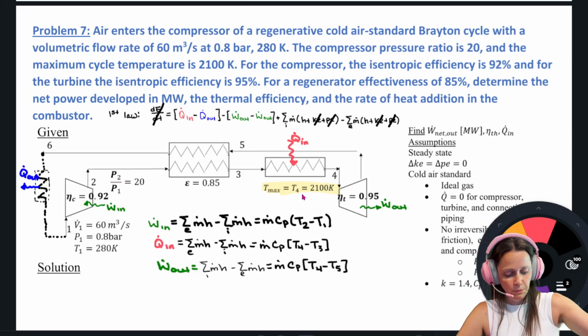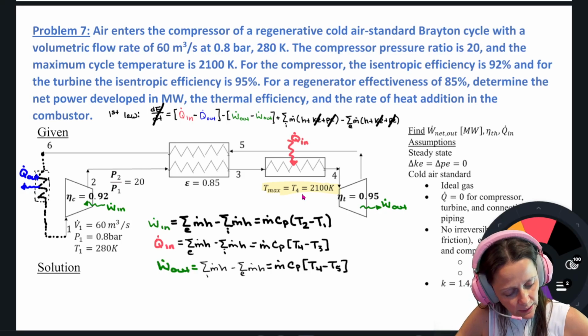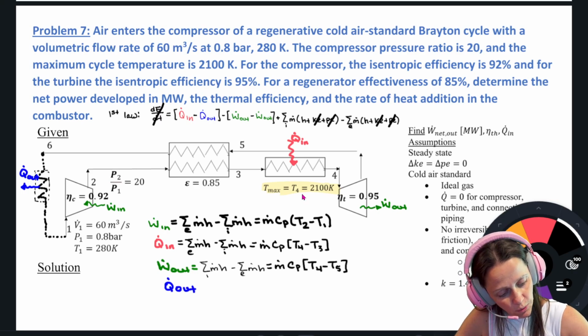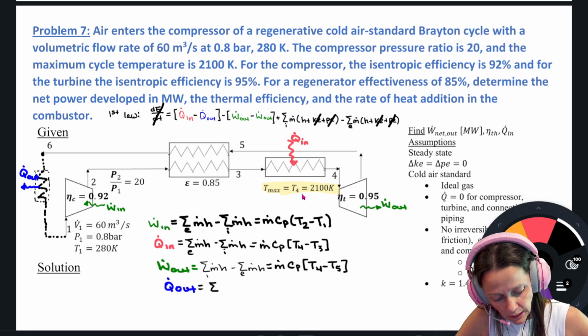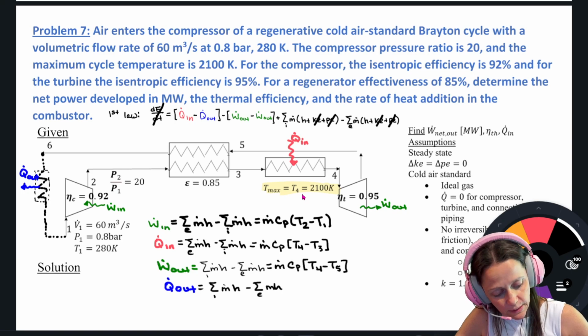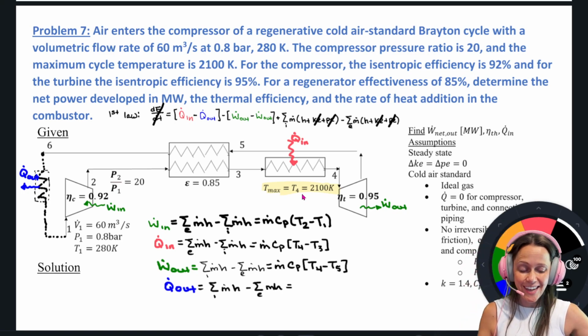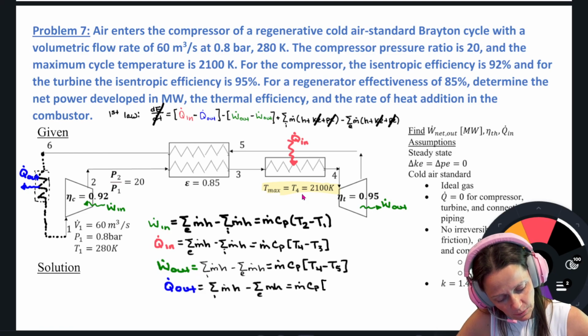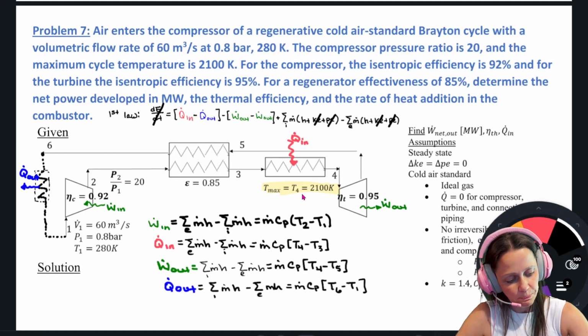And then work my way around between 6 and 1. That's where I am modeling our exhaust process, and that's my Q dot out. It's going to be stuff going in minus stuff going out. Again, that little mental exercise about which temperature is the higher one still applies, and you'll get m dot Cp times T6 minus T1.